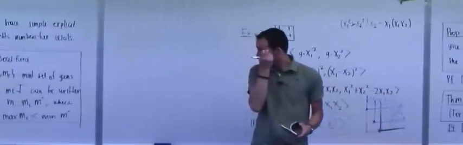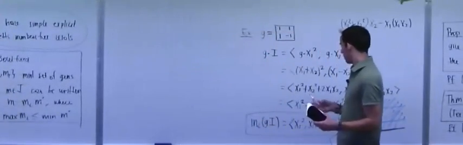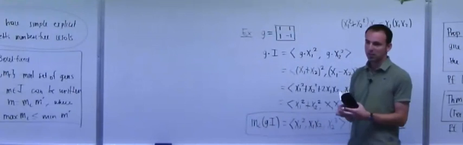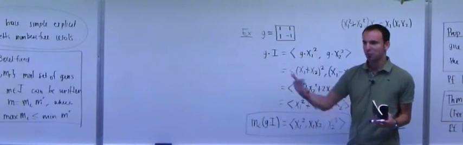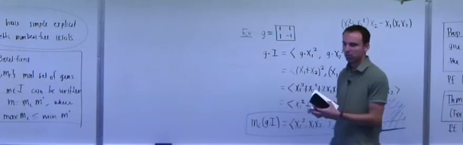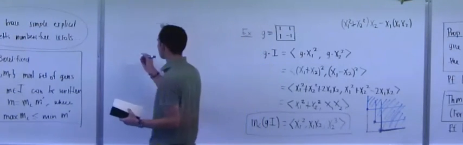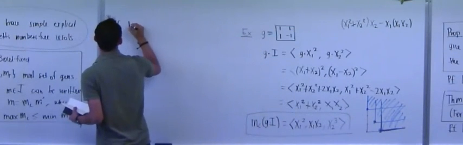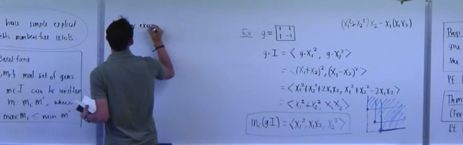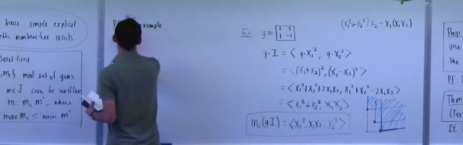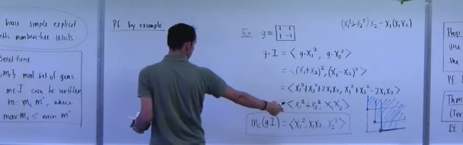And what I'm going to do is I'm going to do a proof by example, and I think that way with the example you'll see what the statement means, and then you'll also see why it's true. So let's do it for this guy.